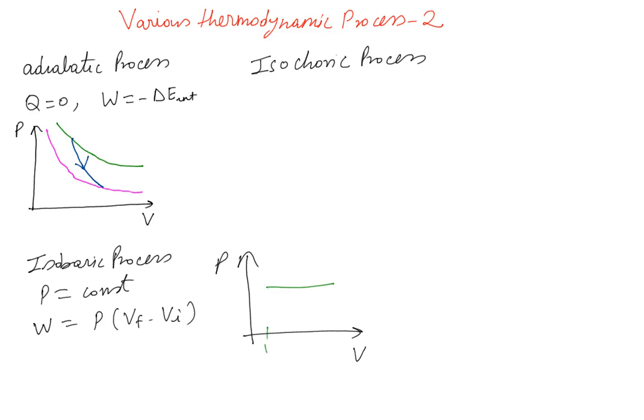So this is V initial, V final. For an isochoric process, the pressure-volume diagram in fact has no meaning of its own, because all it has is a straight line like this. Volume does not change while the pressure can change, something like this.